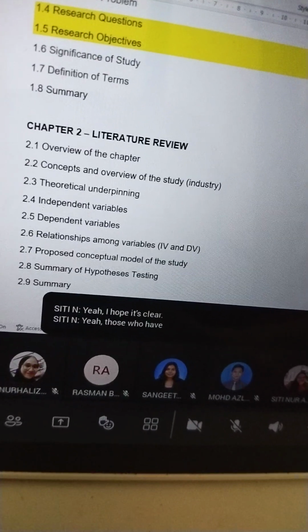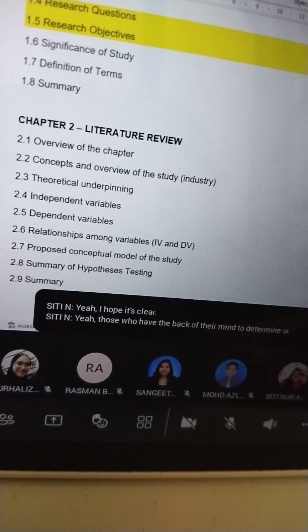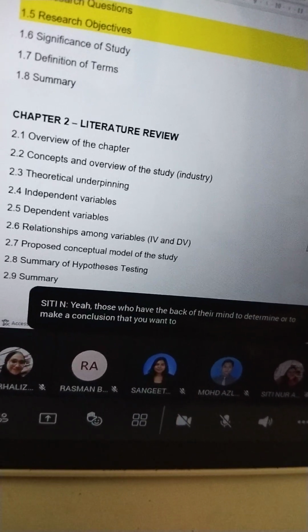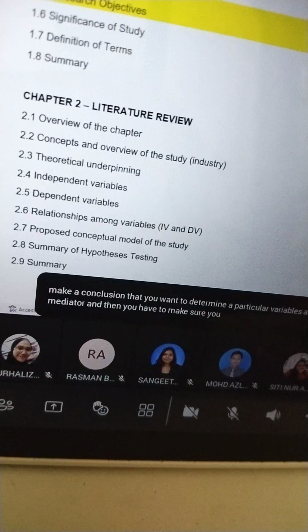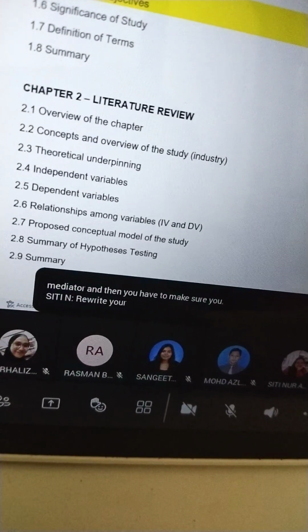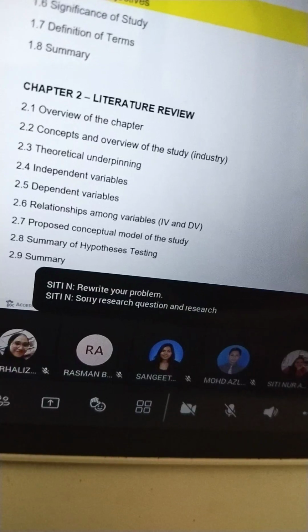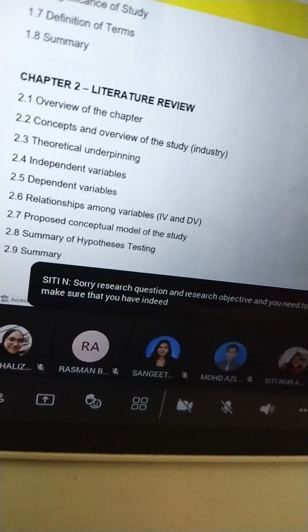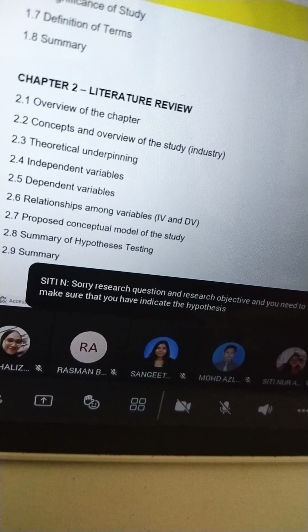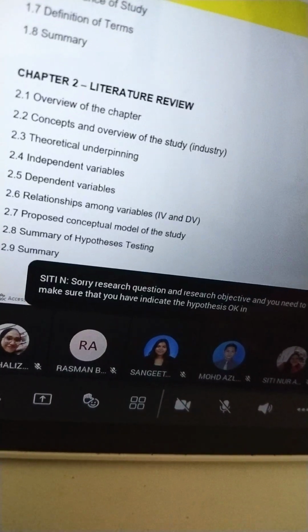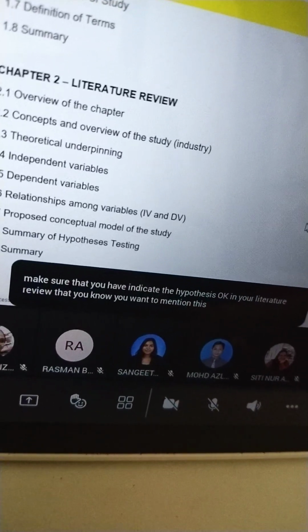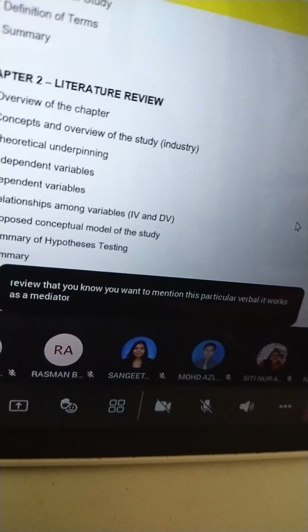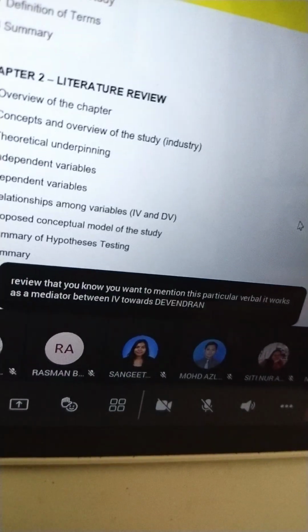Those who have at the back of their mind to make a conclusion that you want to determine particular variables as a mediator, then you have to make sure you rewrite your problem statement, research question and research objective, and you need to make sure that you indicate the hypothesis in your literature review, that this particular variable works as a mediator between IV towards DV.